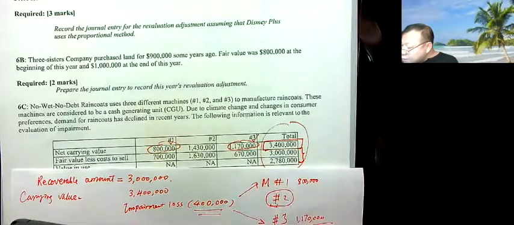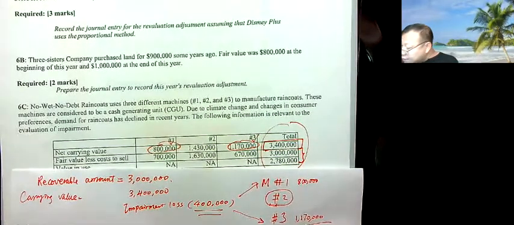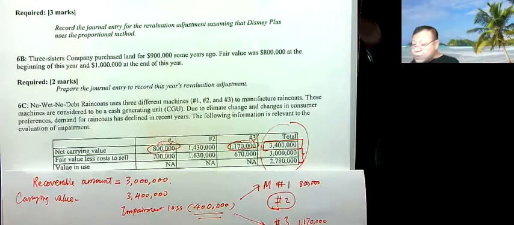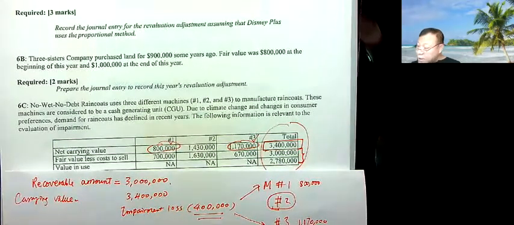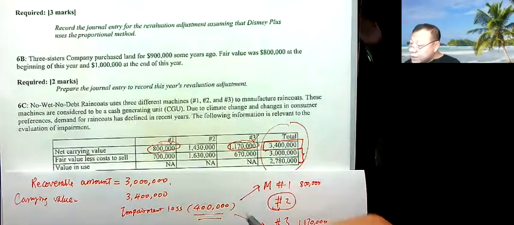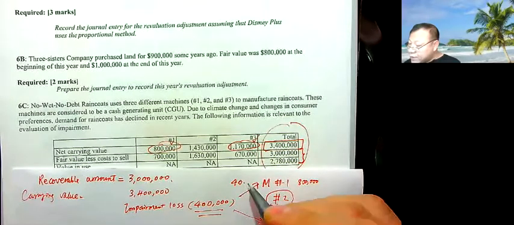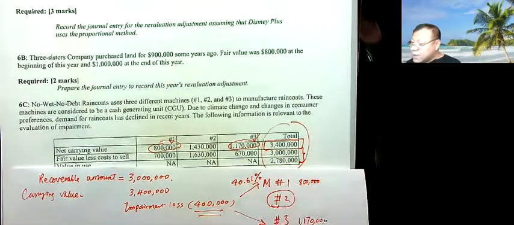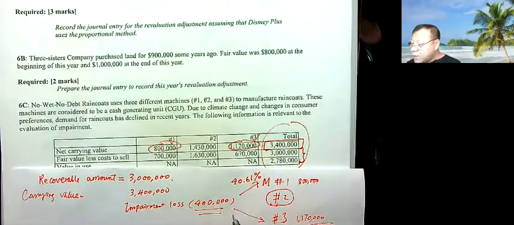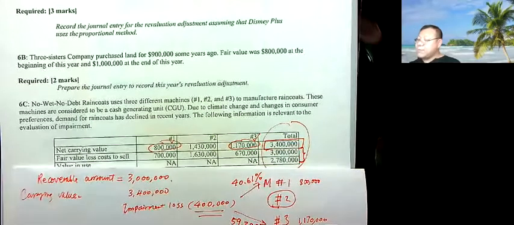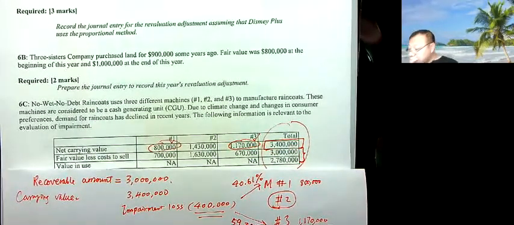Total is 1,970,000. What's the percentage? 800 divided by 1,970. Okay, so this one is 40.61%. So of course, the other one will be 59.39%. Okay, so that's how I do the allocation.